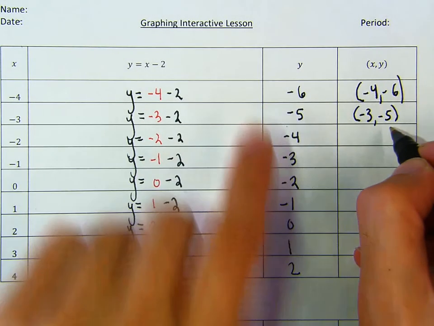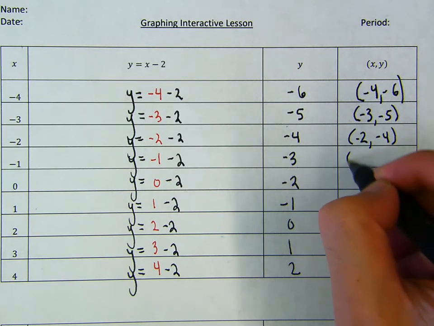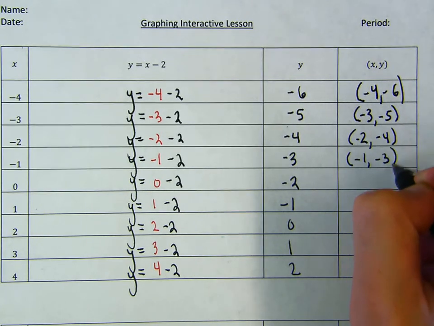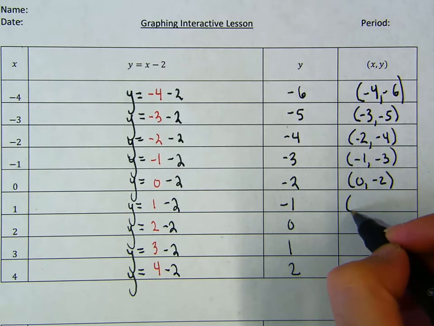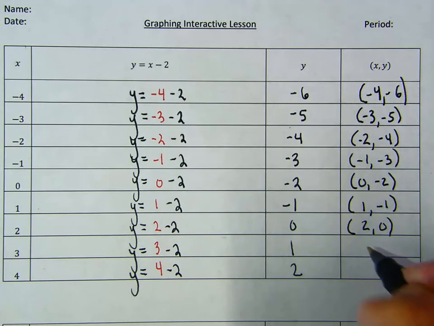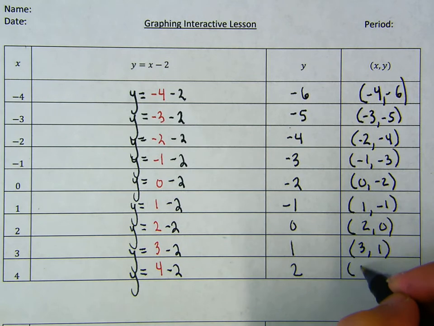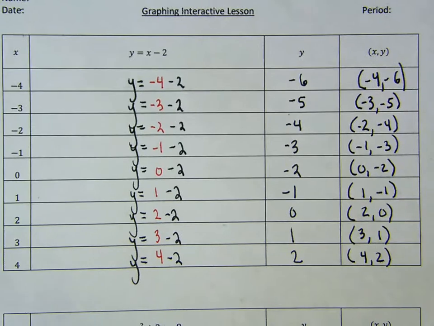That's my point. -2, -4. -1, -3. 0, -2. 1, -1. 2, 0. 3, 1. 4, 2. Okay. Great. And if you want, you could turn the page the other side and graph these points.